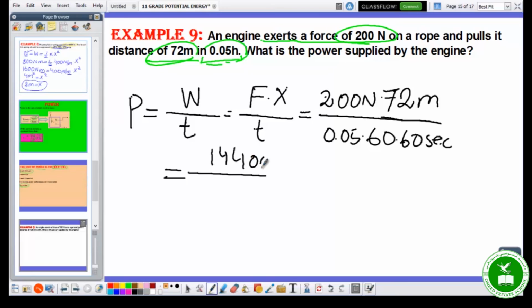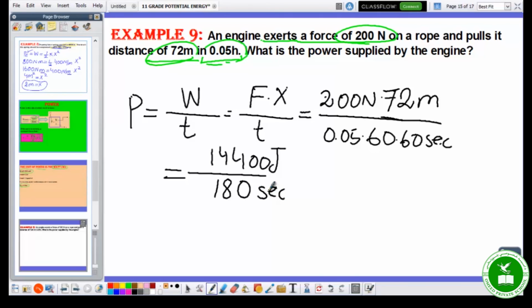14,400 Newton meter, joule, divided by, if we multiply 0.05 into 60 into 60, it becomes how much? 0.05 into 60 into 60 is 180. 180, the unit is second.